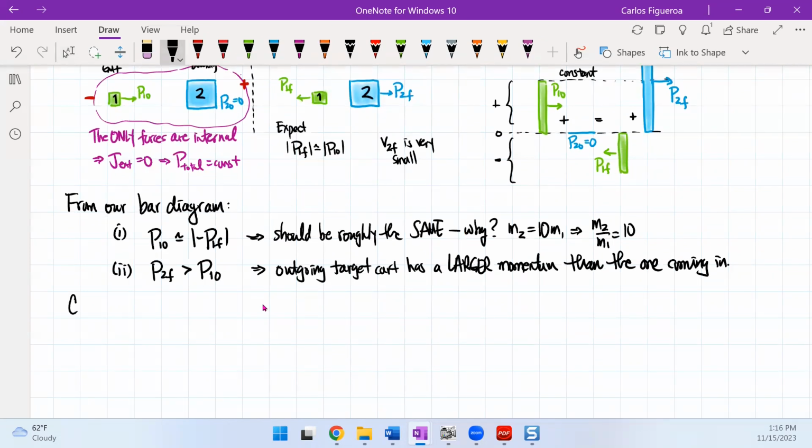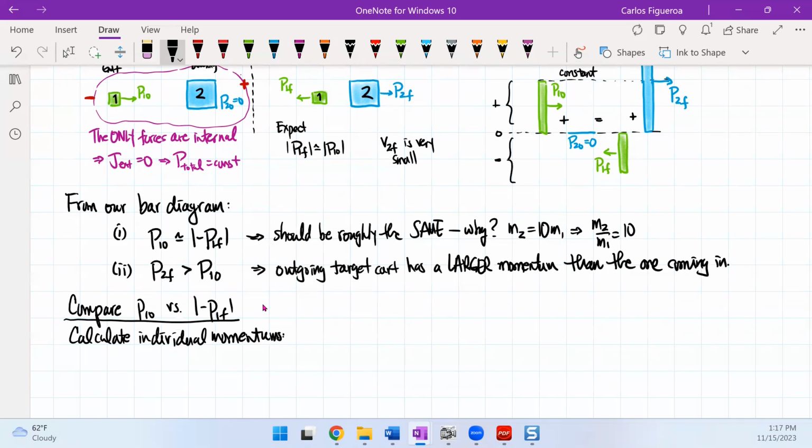So let's compare P1 initial versus the absolute value of P1 final. So what we want to do is calculate the individual momentums.